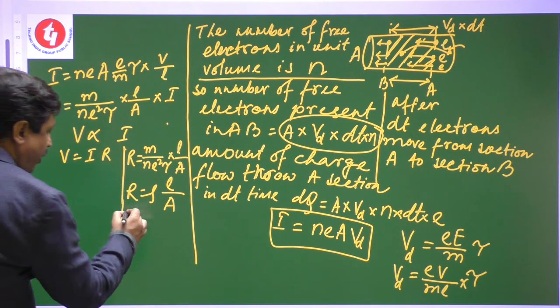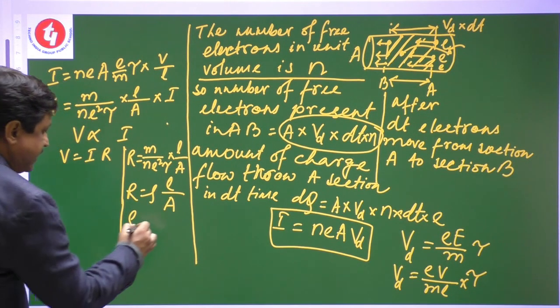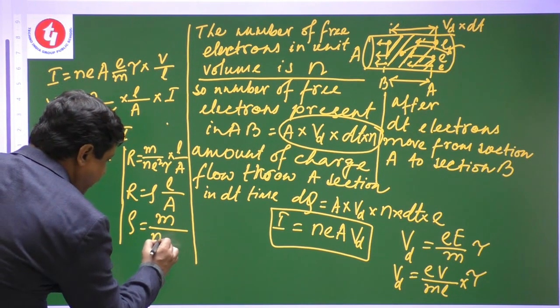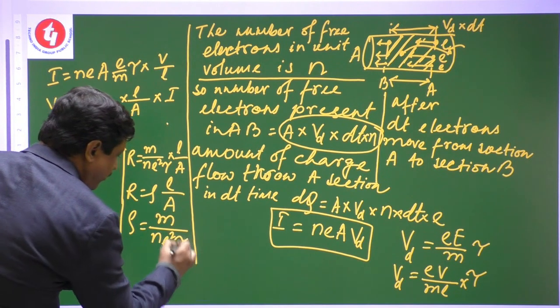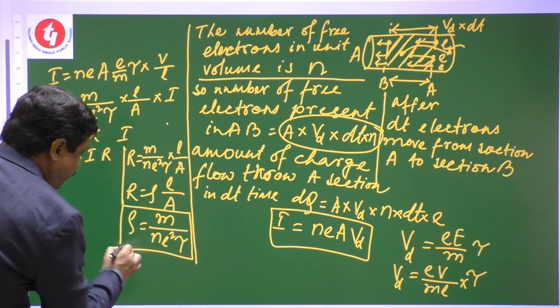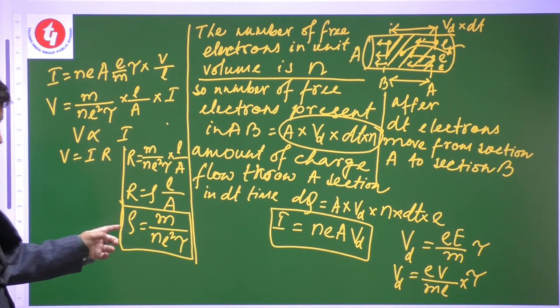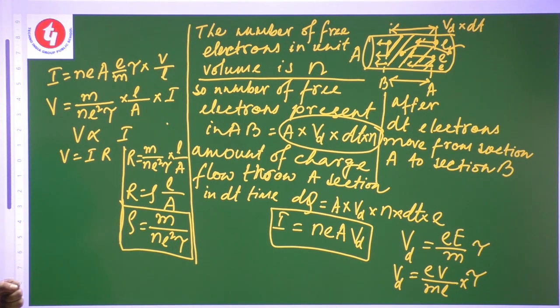So what is the value of rho? Rho, the resistivity, is equal to m by n e square tau. This is the formula of resistivity. Very important formula.